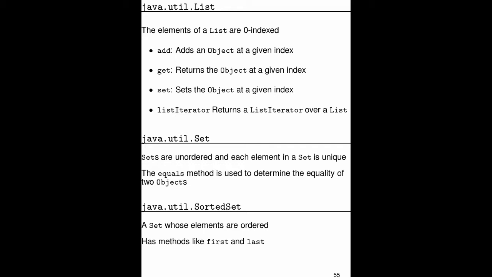And so here's an example of how the collections API leverages the fact that every object in Java has an equals method. The set needs to determine whether or not an object is already in the collection. What does it do? Well, it just uses the equals method that every object has to determine whether or not that element already exists in that collection.